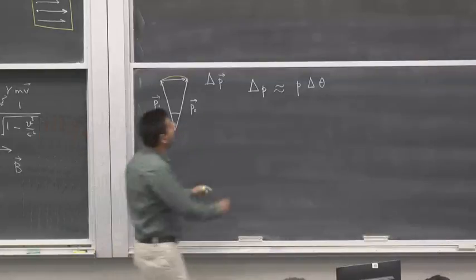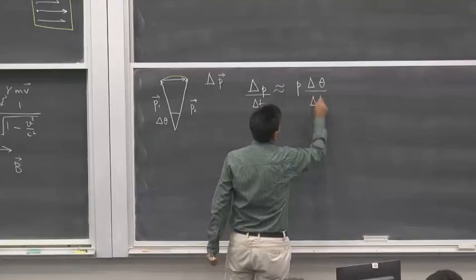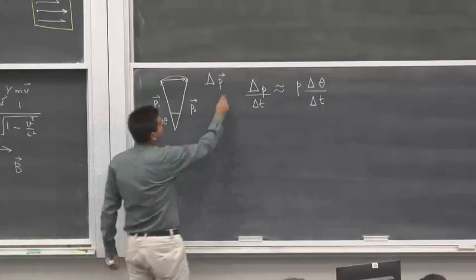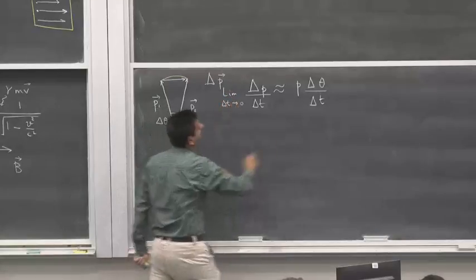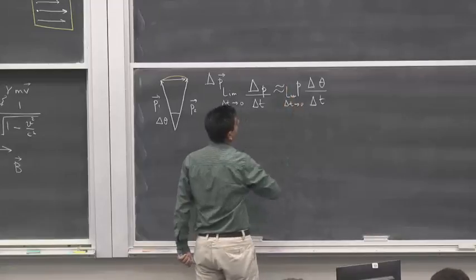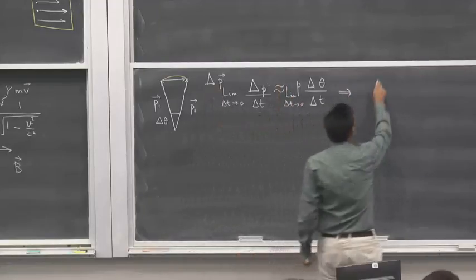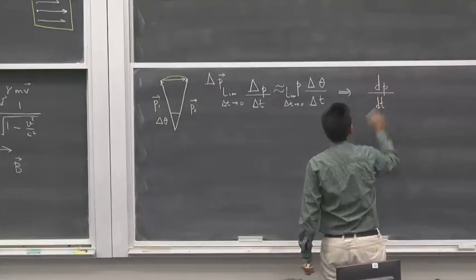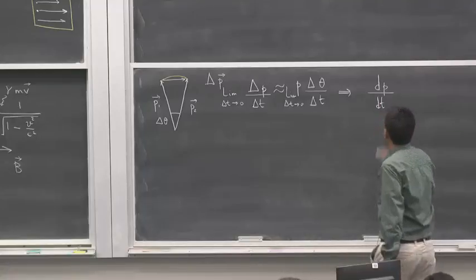Alright? Now I divide both sides by delta T, and I take the limit that delta T is really small. Now this turns out to be the rate of change of momentum, dP by dt.